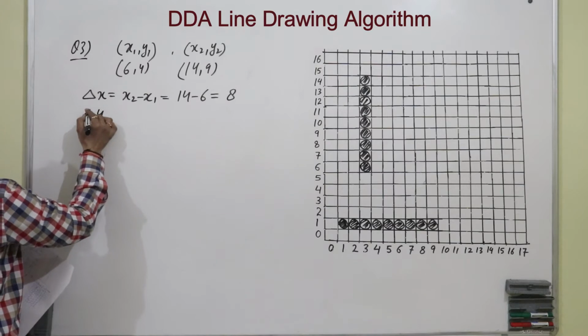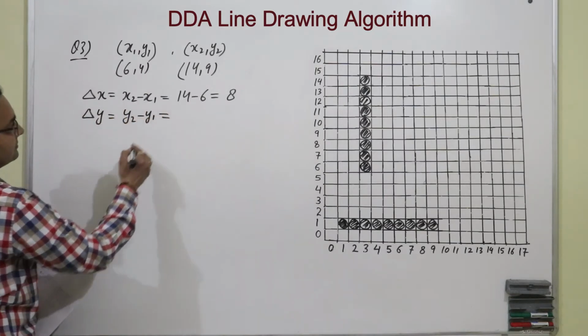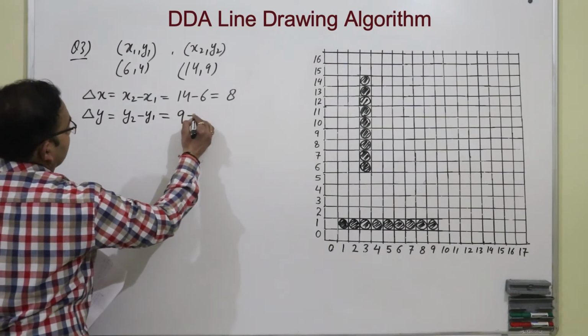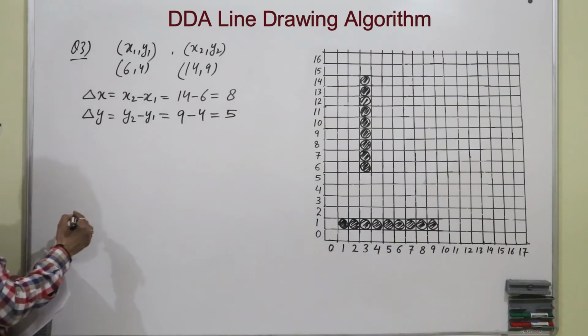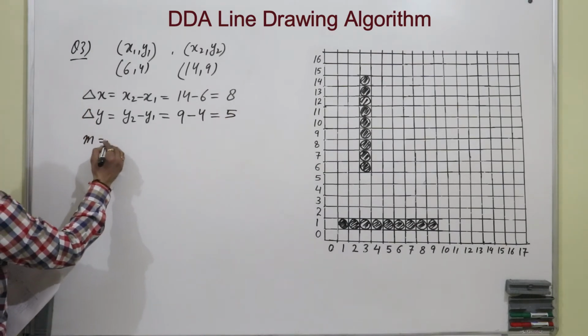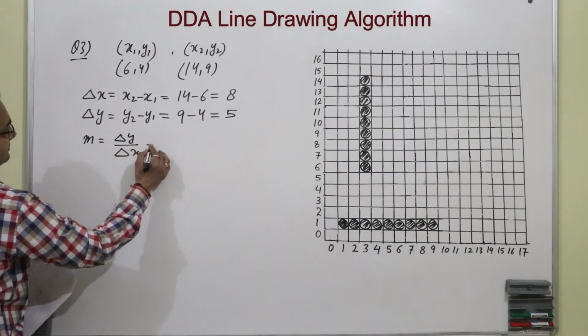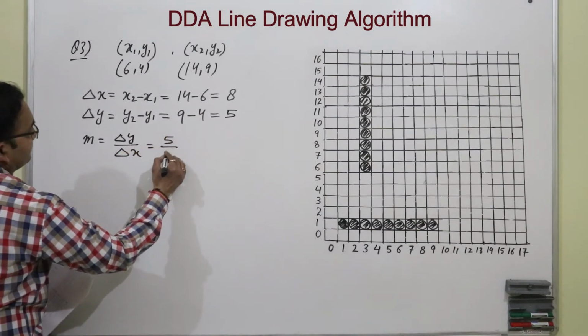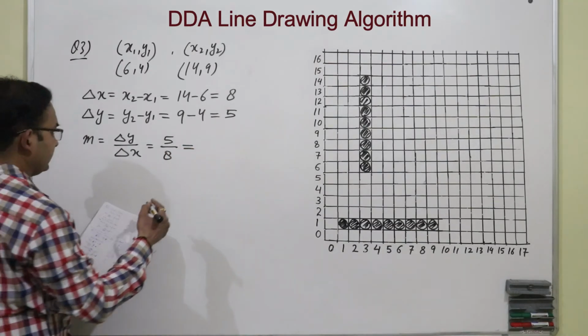Delta y equal to y2 minus y1, 9 minus 4 equal to 5. Slope delta y upon delta x, 5 by 8 equal to 0.6.